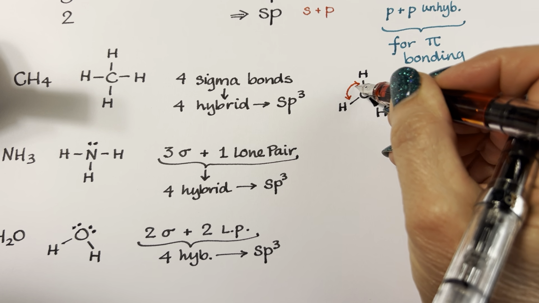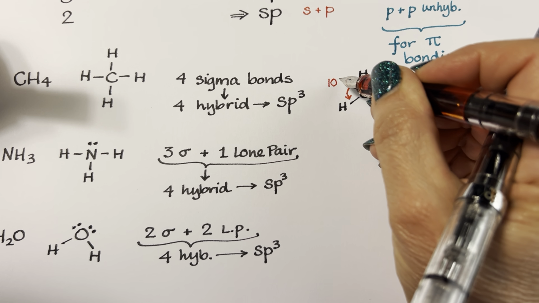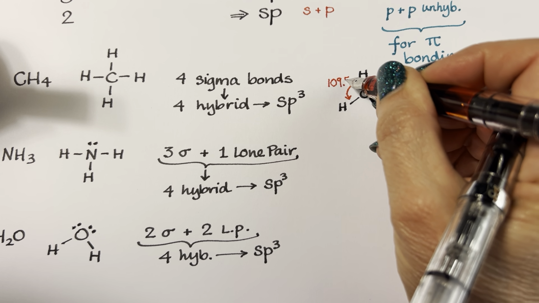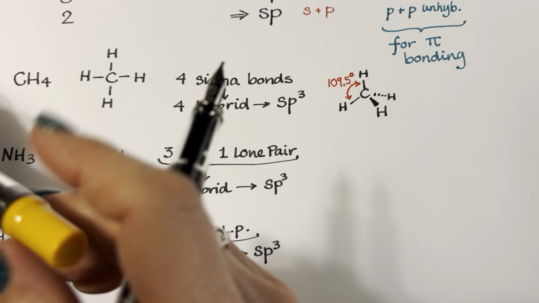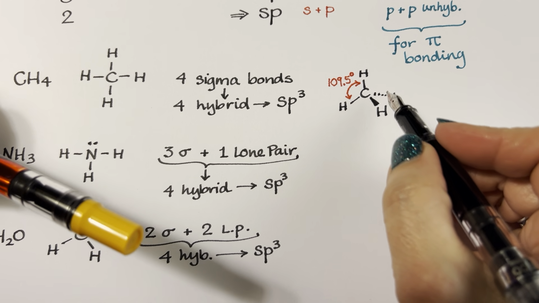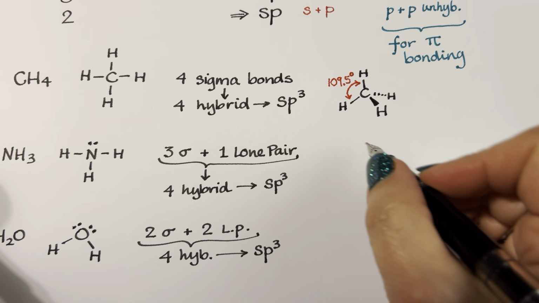Here we have 109.5 degrees for methane. That's true for all of these bond angles, okay?